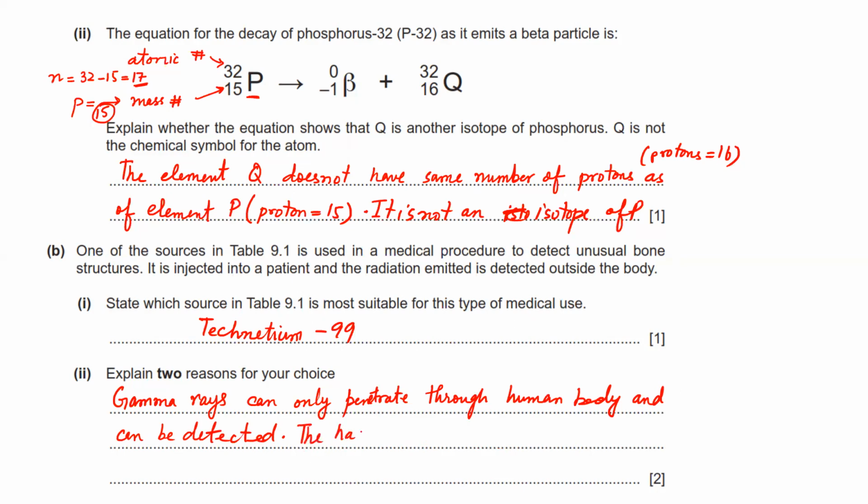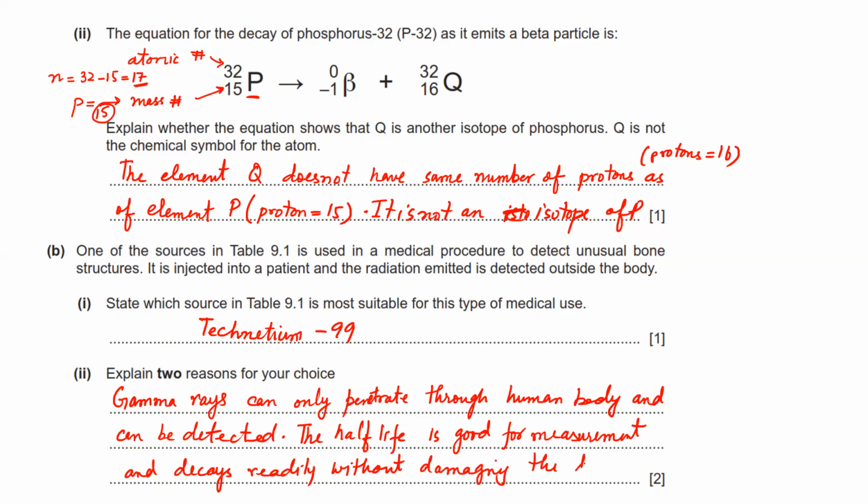The half-life is good for measurement, and it decays readily without damaging the human body. So these are the two reasons why this is the best choice we have.